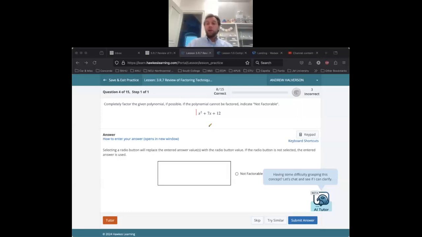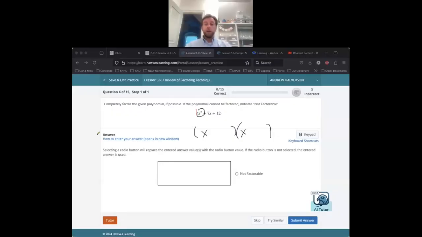So that has its own method. What's the method? Just to go back to your notes, remember what it said. Step 1, write 2 sets of empty parentheses. Step 2, because it's an x, use the variable as the first term in each empty parentheses.